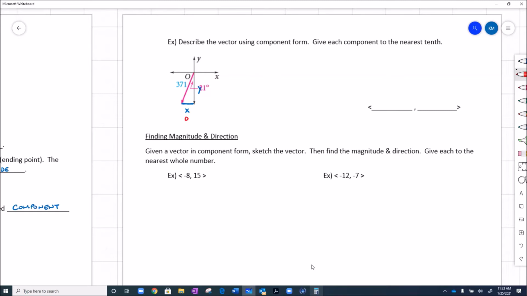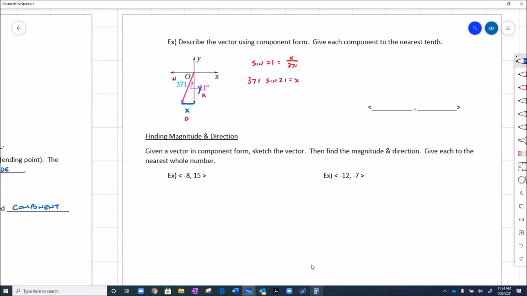This is the adjacent. And I know the hypotenuse. So from this angle 21, to find X, I say sine 21 equals opposite X over hypotenuse 371. So 371 times sine 21. Okay, and that'll give me X.